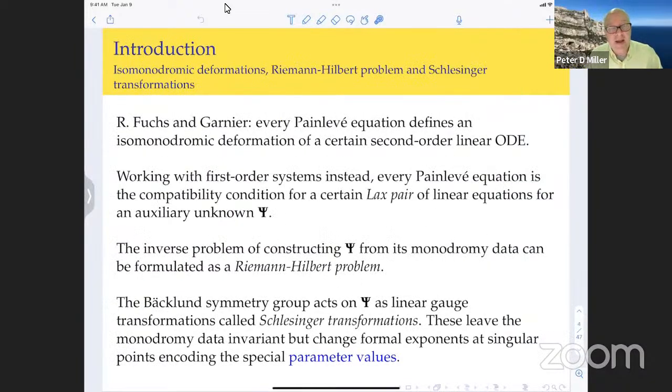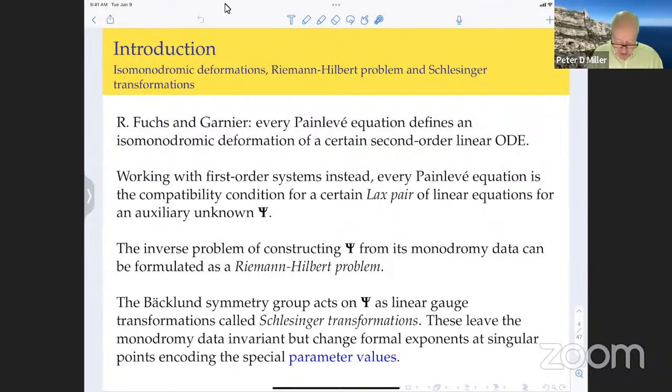Now, it goes way back to the beginning with these equations. Richard Fuchs and Garnier, of course, noted that every single Painlevé equation defines an isomonodromic deformation of some second-order linear differential equation. And it's now, of course, become common and useful for us to think in terms of first-order systems instead of second-order linear equations.